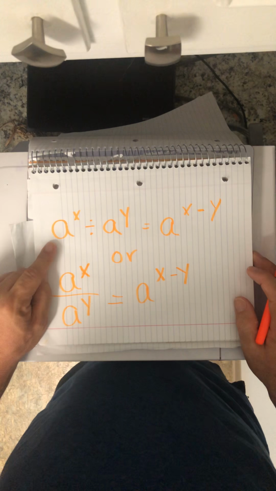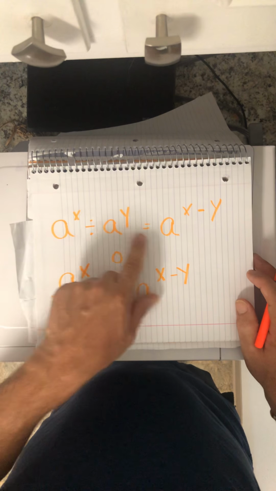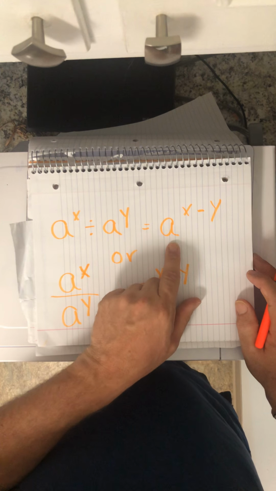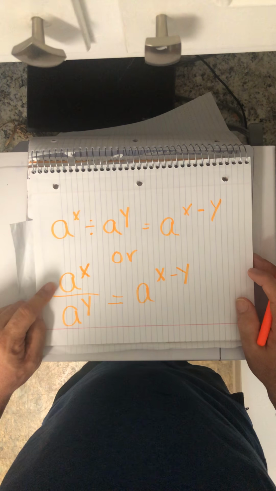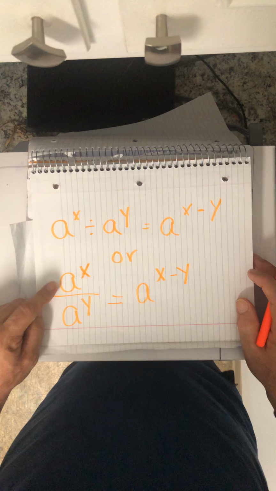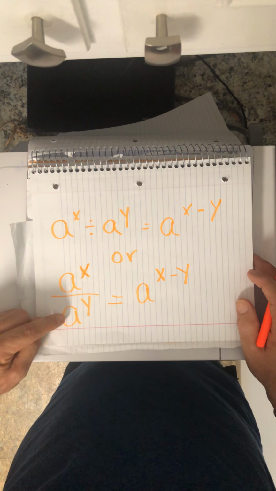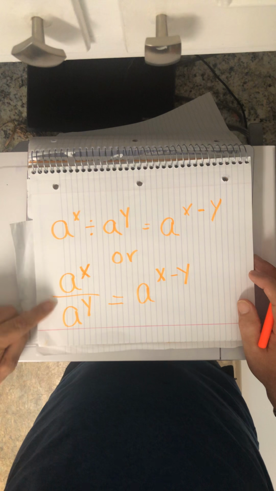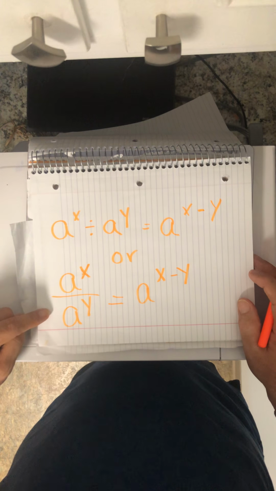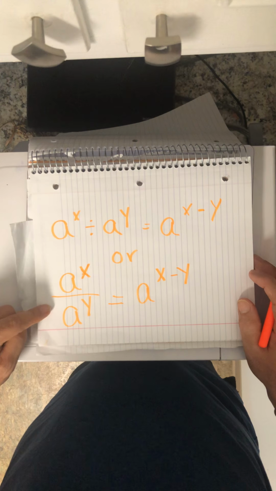So if your bases are the same and you're dividing, you can just keep the base and subtract the exponents. The way we actually want to write this is a to the x over a to the y equals a to the x minus y. This is still division, it's just written as a fraction. You'll see it both ways.